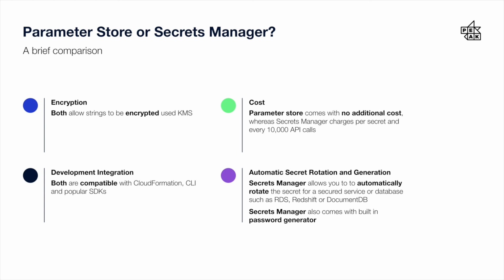Secrets Manager allows you to automatically rotate the secrets for a secured service or database such as RDS, Redshift, or DocumentDB. And because Secrets Manager also comes with a built-in password generator, you could provision a resource, give it a password that is saved in Secrets Manager. The applications can call Secrets Manager and get those values, but the humans, the users, the developers, they never need to see those values.